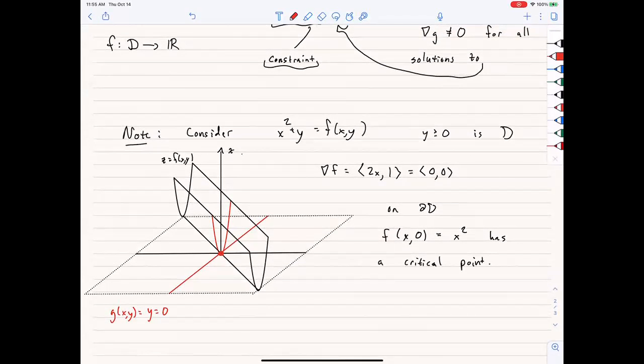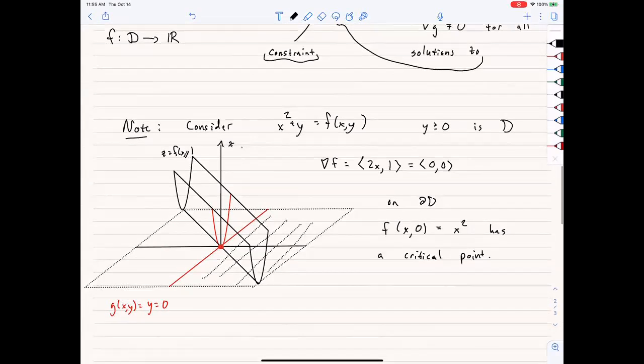Point is when you're trying to maximize on these regions, if I'm just maximizing on this positive part, these are the points that I'm going to be interested in looking at, these sorts of critical points. You can see this doesn't appear as a maximum, but if I had done it on this side, actually this would appear as a minimum of the function.